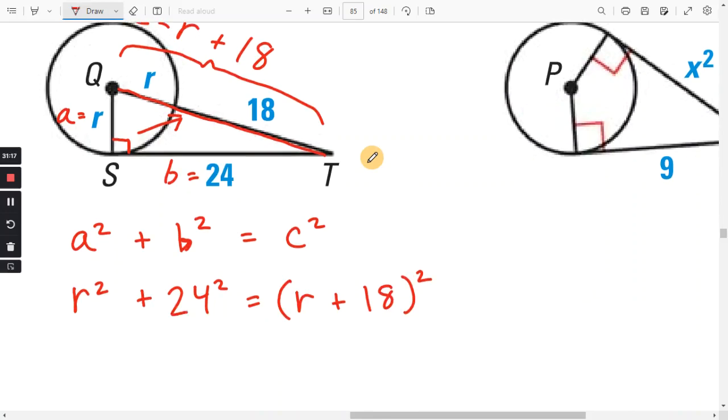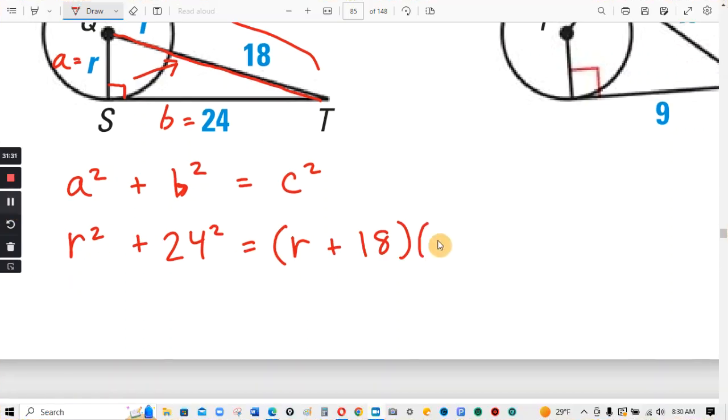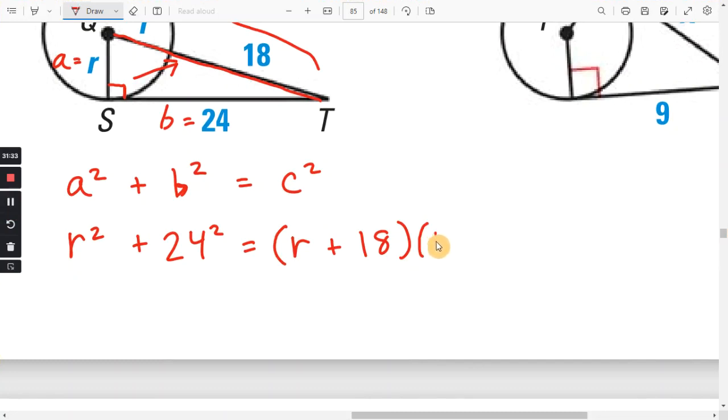Now once again, R plus 18 squared is the same as R plus 18 times R plus 18. So you need to use FOIL or distribute. Over here, R squared, 24 squared is going to be 576.